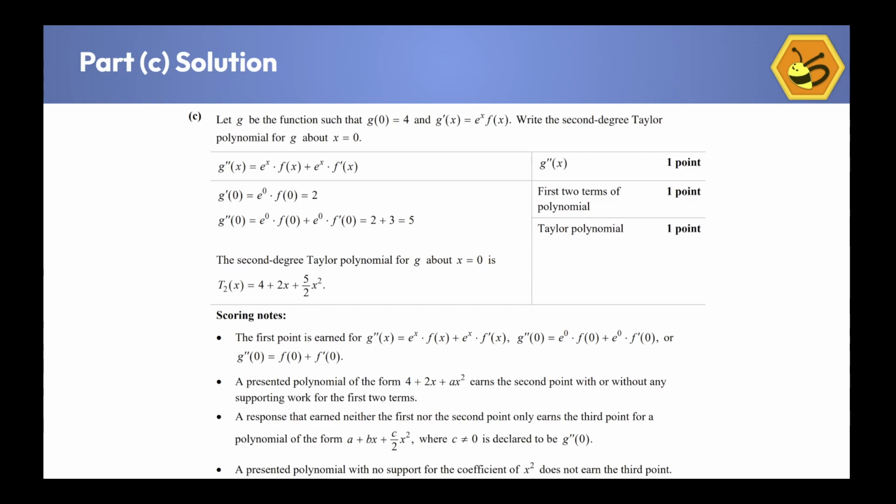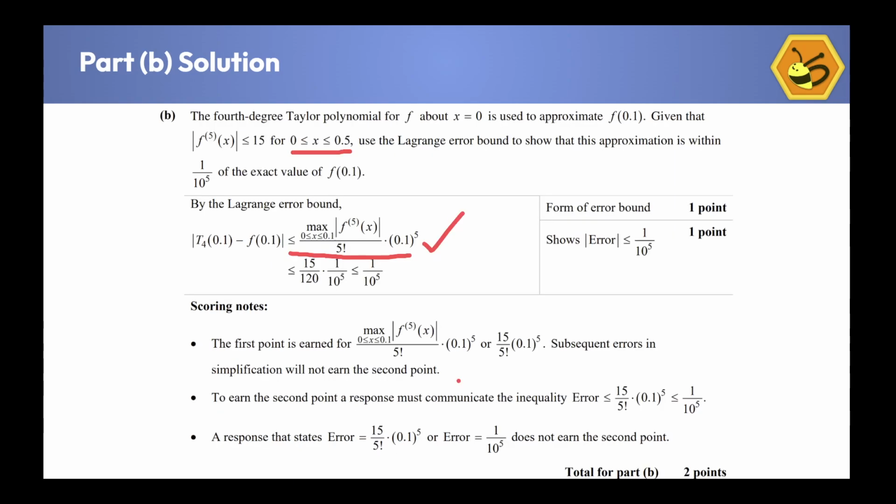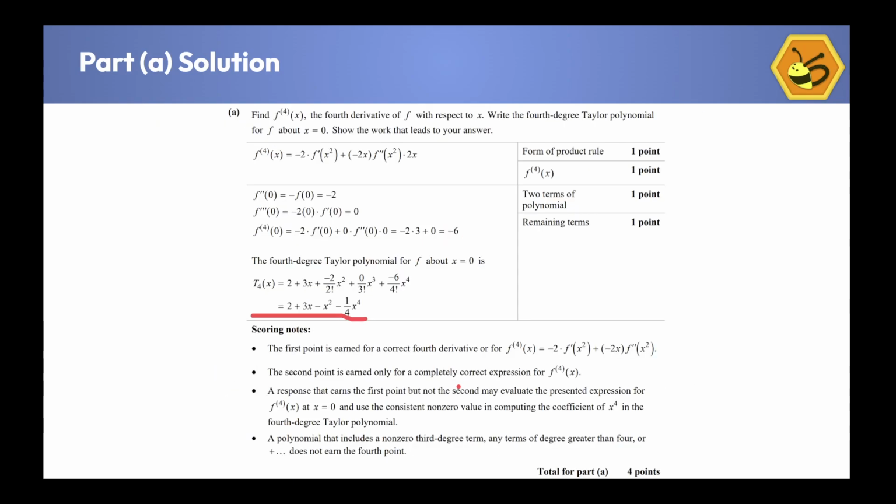Yes, we have 3 points for part C. Part B is 2 and part A is 4.